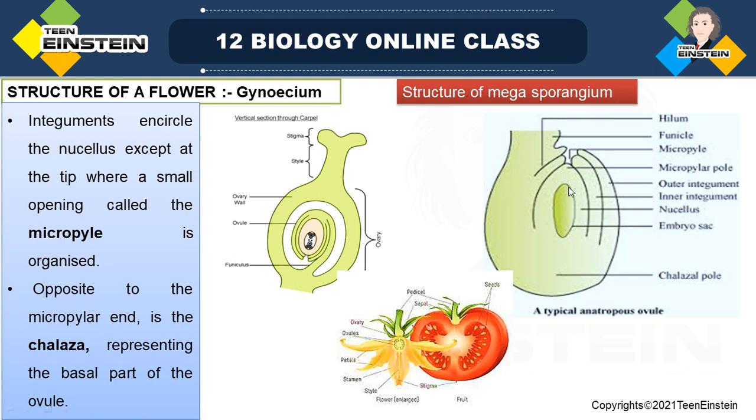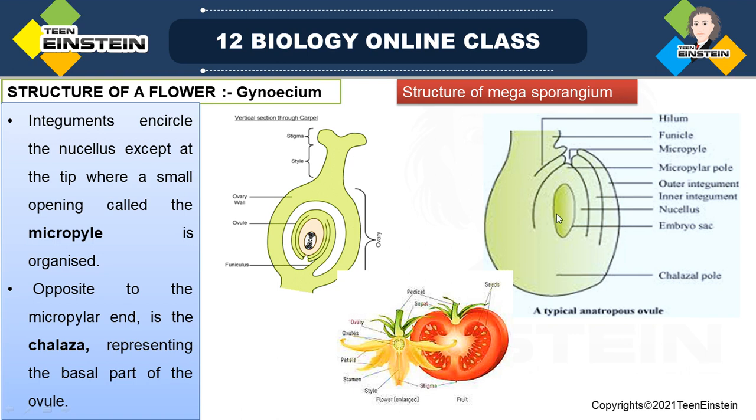A lot of food material is present in the tissues of the nucellus, and it is the main part of the ovule. Inside the integuments is the nucellus, a mass of cells with so many nutrients. And the female gametophyte, or the embryo sac, is located in the nucellus.